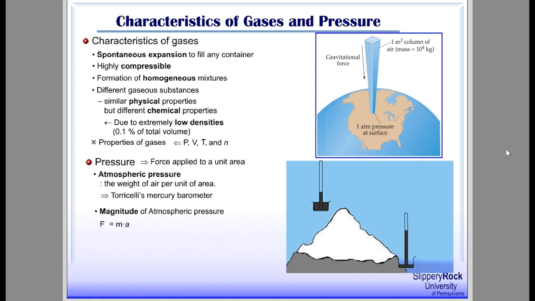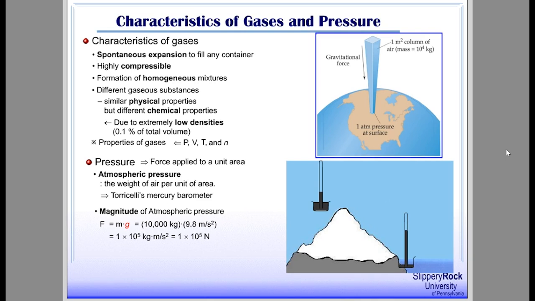Since the force that we are dealing with is vertical force, the acceleration can be replaced by Earth's gravity, g, which is 9.8 meters per second squared. The force is 10,000 kilograms times 9.8 meters per second squared, which is equal to 1 times 10 to the 5th kilograms meters per second squared, or 1 times 10 to the 5th newtons.